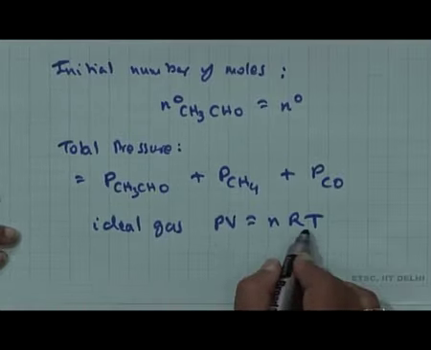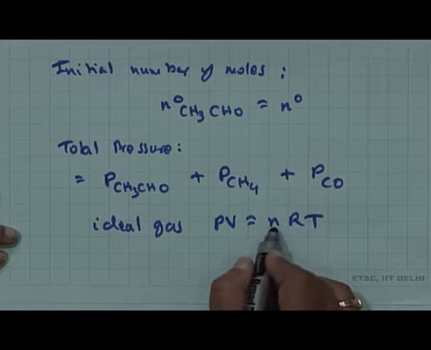So this is what we are doing. Ideal gas, PV is equal to nRT. What is n for acetaldehyde?